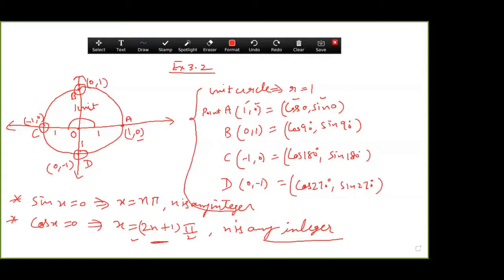If we plot a table, just now plot the table. If we plot the table for radians, as we know in degrees from the previous classes, now we have learned a new unit, that is radian. Just plot the table.